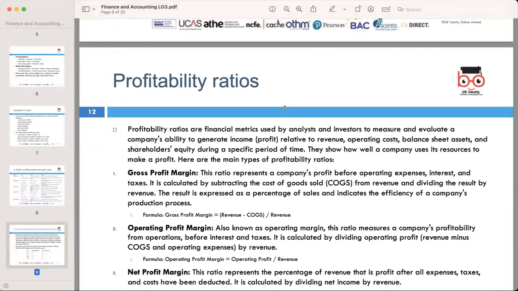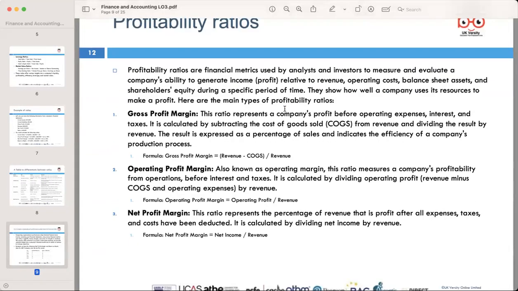Profitability ratios. Now, he's discussing profitability ratios. Anyway, we'll go in depth a bit, but we already discussed.